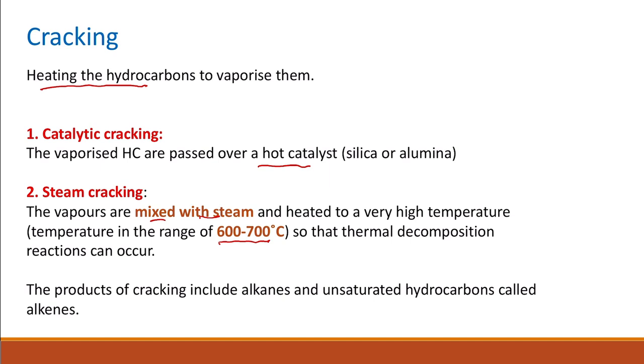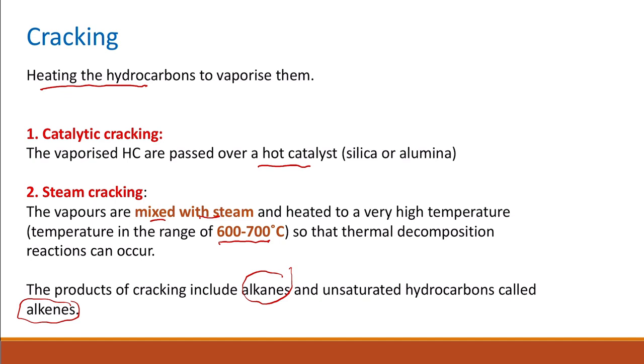So the products of cracking are shorter chain alkanes and alkenes. Remember that the alkenes can be used for making polymers as well. So cracking is not just to make shorter chain hydrocarbons, but also to make alkenes, which are used in polymerization or in making polymers.